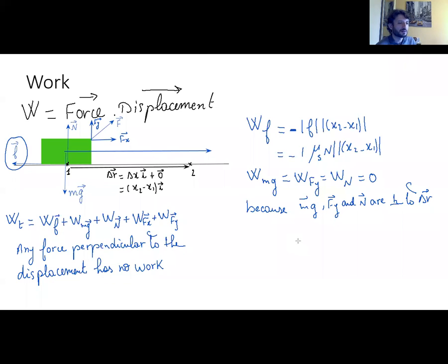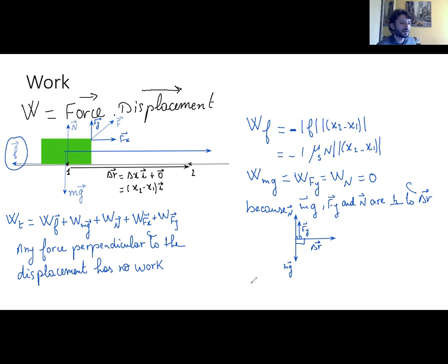Here we have the displacement to the right, n is up, mg is down, and Fy is up. The angle equals 90 degrees, so we don't have any motion in this direction. You can cancel them directly. We cancel Fy, mg, and n.